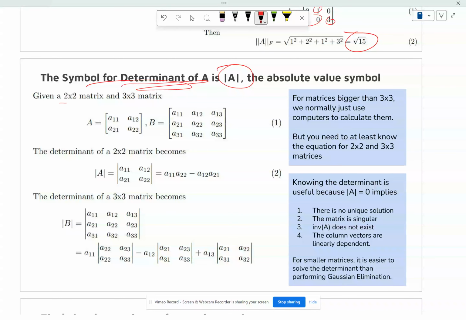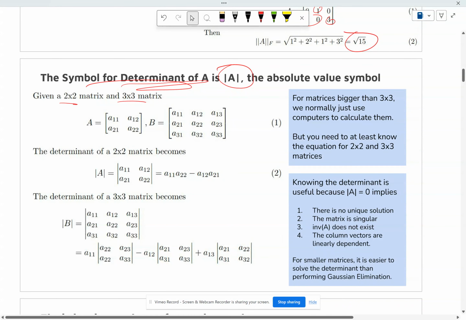Given a 2 by 2 and a 3 by 3, the equation to find a determinant is essentially you take this, multiply by this, which is right here, and subtract this times this. When I was taught this, they said to picture a backward alpha. You take this and you subtract the second one. So that's it. This is the equation for the determinant.